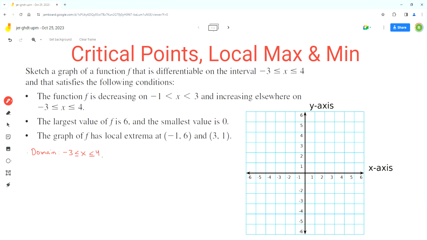Now we are also given that the function is decreasing from -1 to 3. And we are given that it's increasing elsewhere on the domain -3 to 4. So now we have to write the intervals over which the function is increasing.